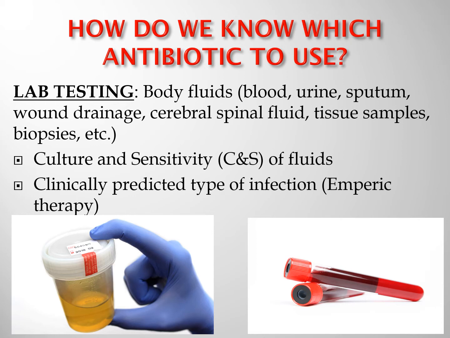Sometimes if we're suspecting meningitis, we'll do a lumbar puncture and take fluid that way and send it for examination. Tissue samples, biopsies. So all kinds of different ways of getting body fluids or tissues to the lab, and doing what's called a culture and sensitivity on the fluid.